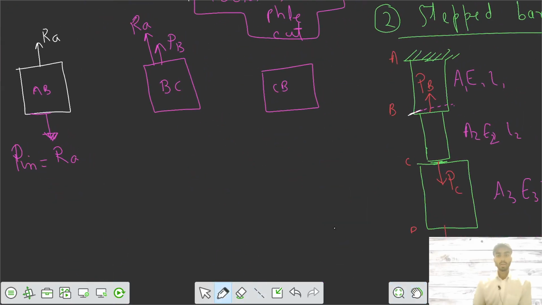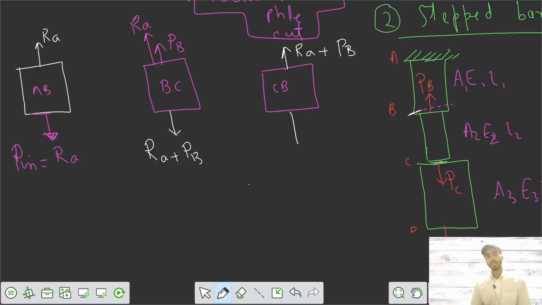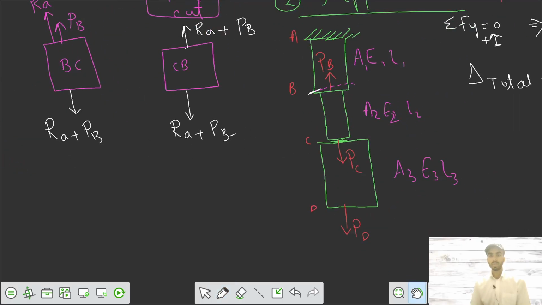Now the force here has to be equal to RA plus PB in the opposite direction, and for this member, same, this force has to be in the upward direction, RA plus PB. But at the end of the member, you have already PD acting.